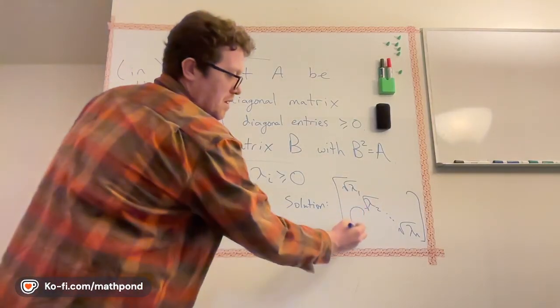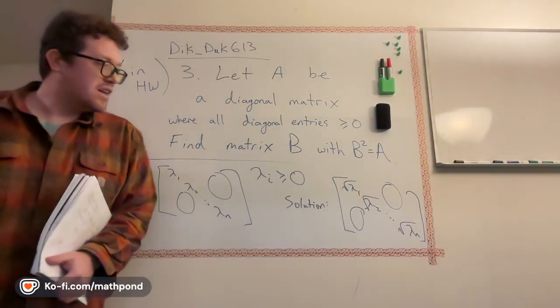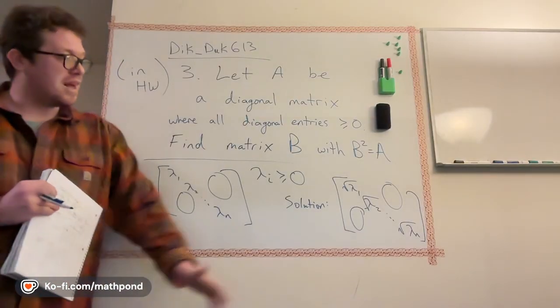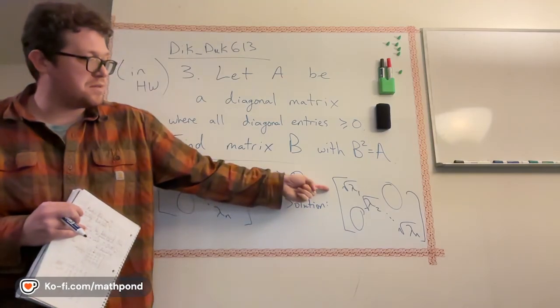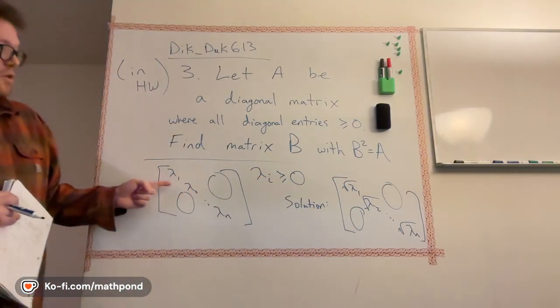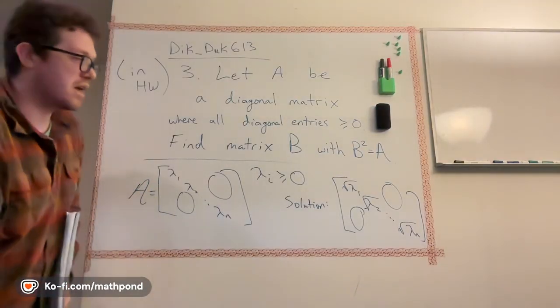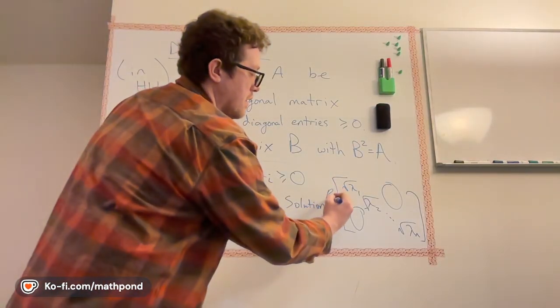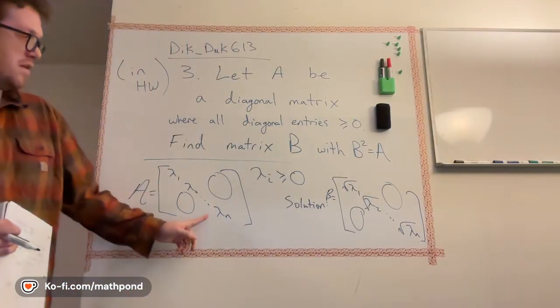A little bit of a boring answer maybe, depending on your understanding here, but all we do is take all the diagonal entries, take the square root, and then when we square this matrix, we just get the square of all the entries on the diagonal, so we get the original matrix A. So if this is A, then this is B, and B is the positive square root of A.